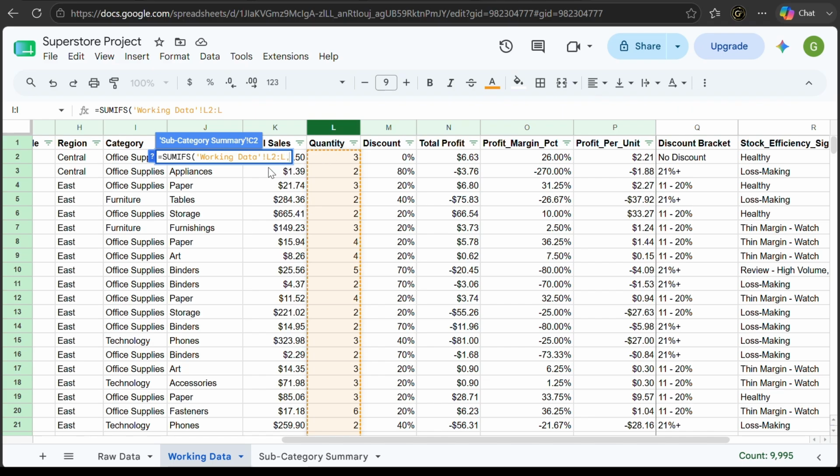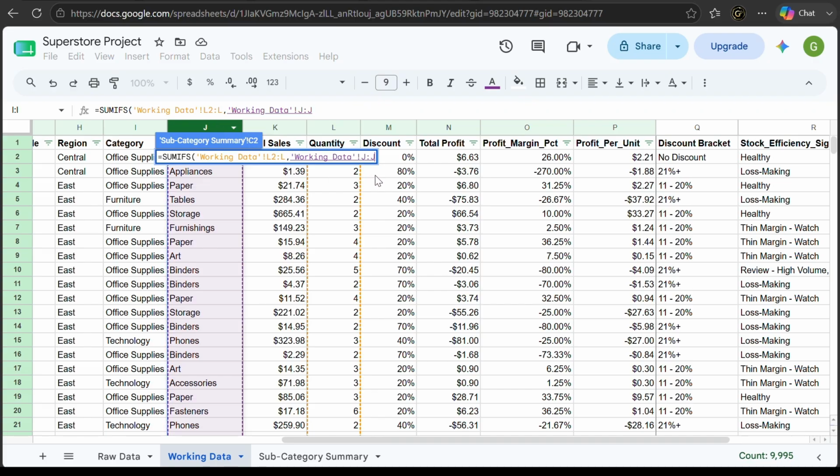Then I'll put my comma, and we are working with the subcategory. The subcategory is column J, so I want to work with J2. I'm going to put my comma.